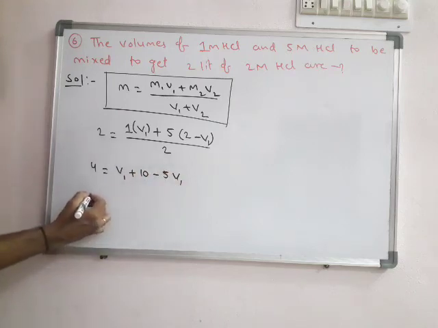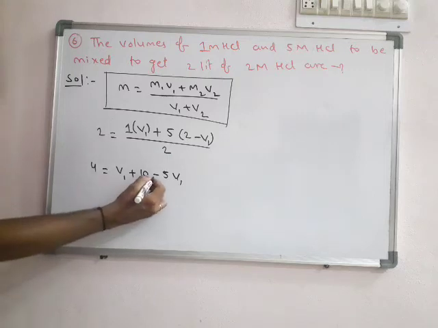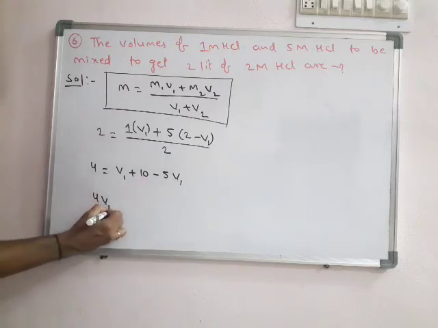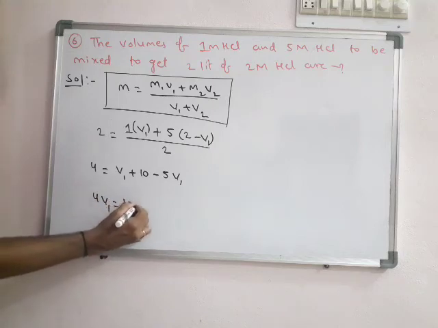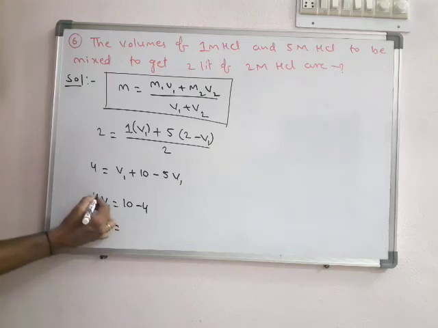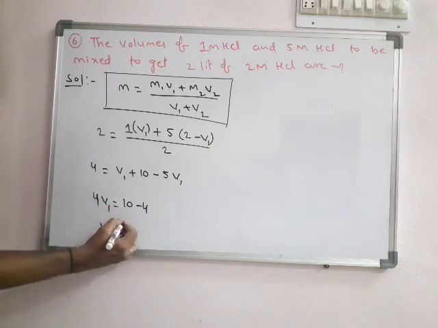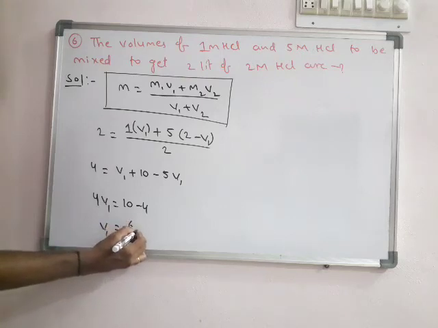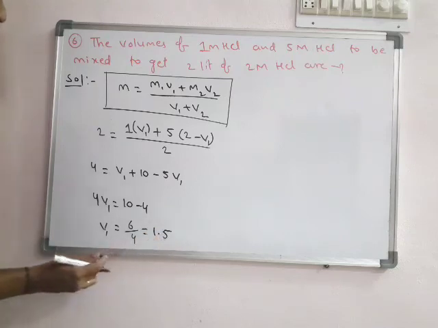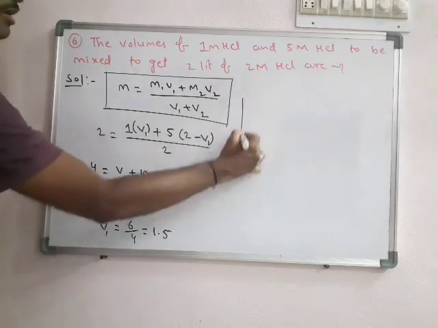So 5 V1, and minus 4 V1 becomes 4 V1. So 4 V1 equals, so it is 1.5 liter. So V1 equals 1.5 liter.